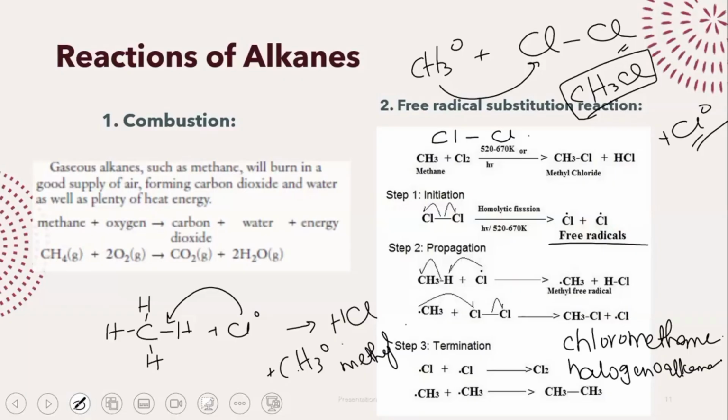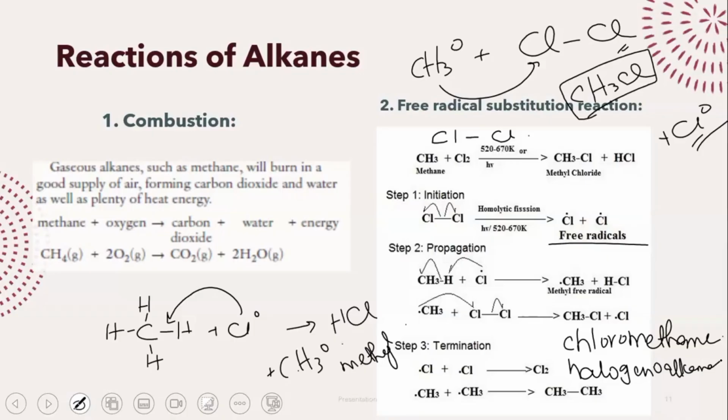They will either undergo combustion, in which case they will give you energy, or they will undergo free radical substitution with chlorine or bromine or iodine. It doesn't matter. But the condition is that UV radiation has to be present. And this is a sort of chain reaction, right? It keeps on happening because free radicals keep on forming. Other than this, there is not much detail that you need to know in your syllabus.